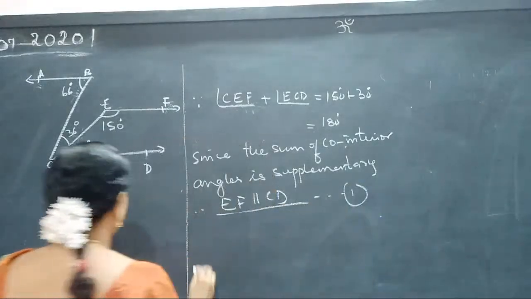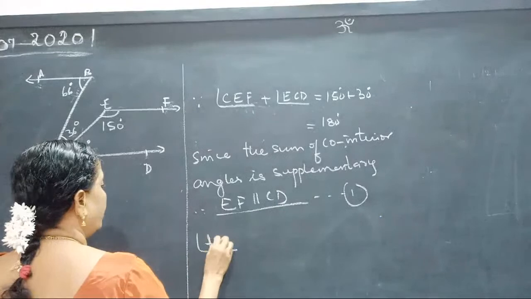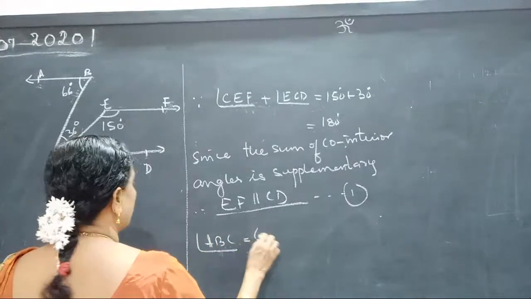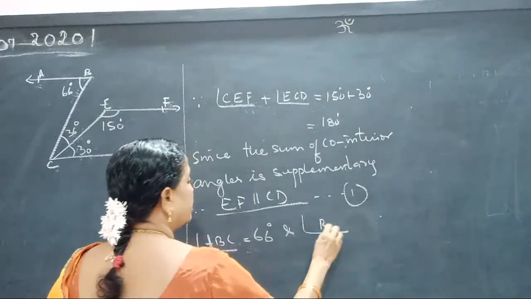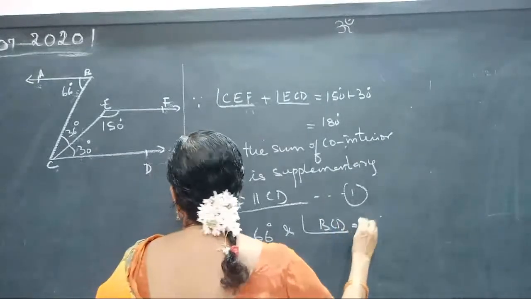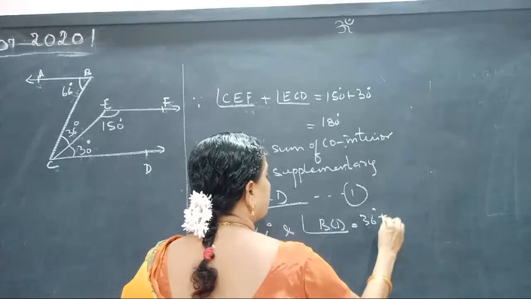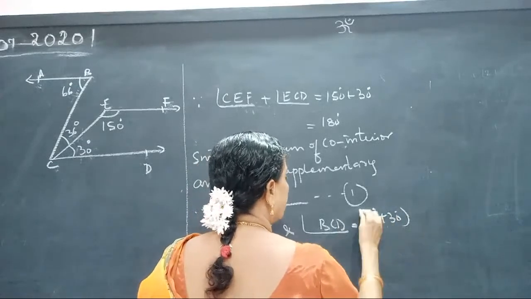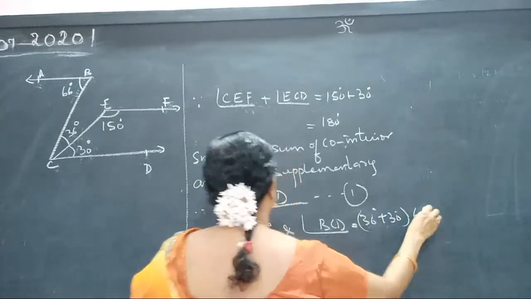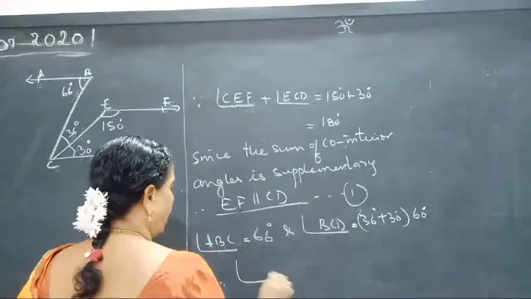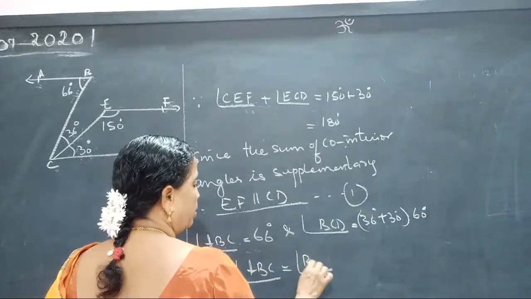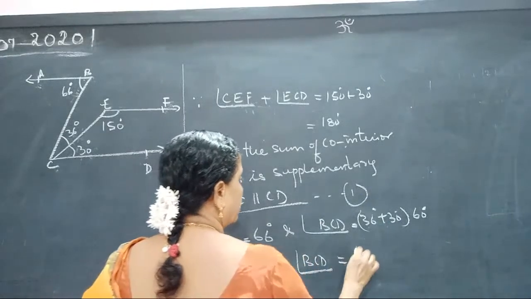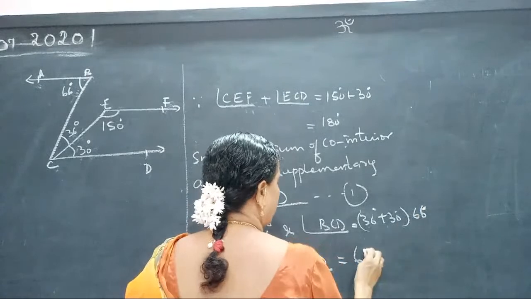Result 1. Next, angle ABC equals 66 degrees and angle BCD equals 36 degrees plus 30 degrees, which is also 66 degrees. Therefore, angle ABC equals angle BCD equals 66 degrees.